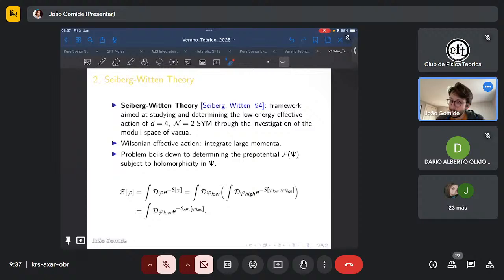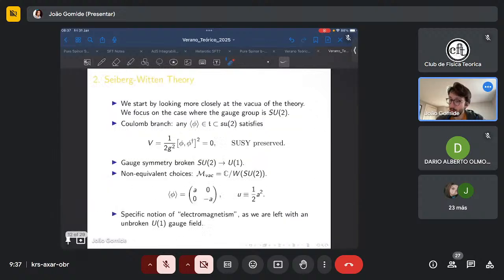Okay, so we'll start by, as I said, looking at the moduli space of vacua. The whole story that I said here works for any gauge group in principle, so you can have SU(N) or SO(N) or whatever different gauge groups, but I'll just focus on SU(2) because it is simple.